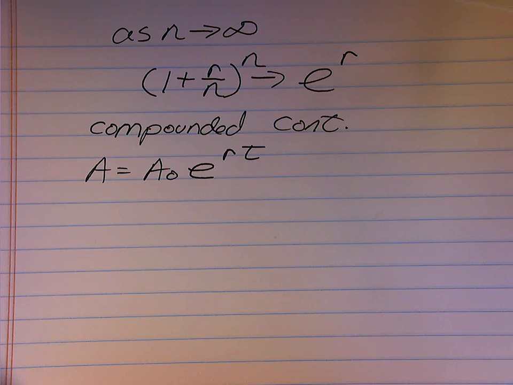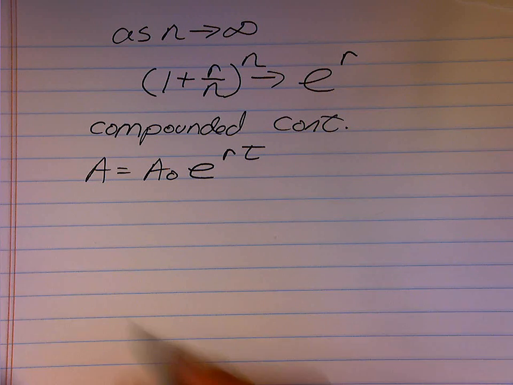Let's go back to the same problem we had before. You're going to borrow $2,000. They're going to advertise to you that they're charging you 12%. But instead of advertising it as being compounded monthly, or instead of advertising that it's going to be compounded daily, they're going to tell you that they're charging you a 12% continuously compounded interest rate.